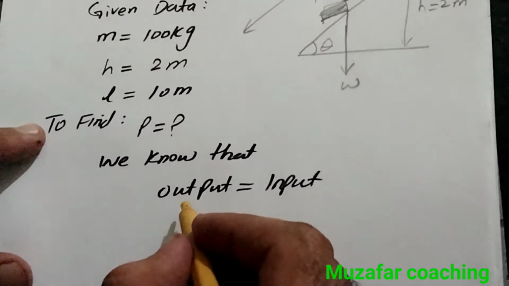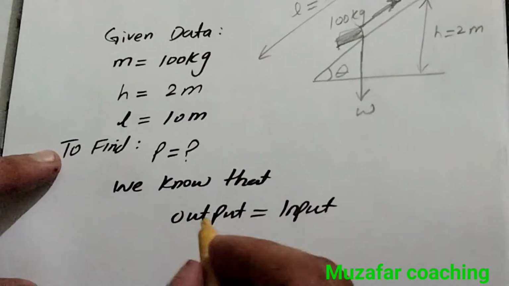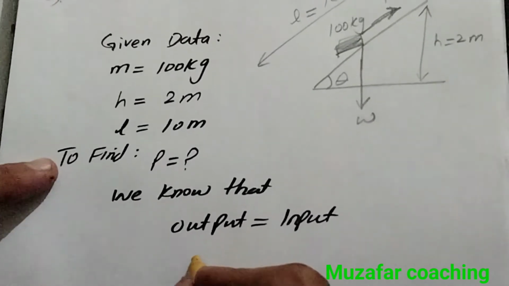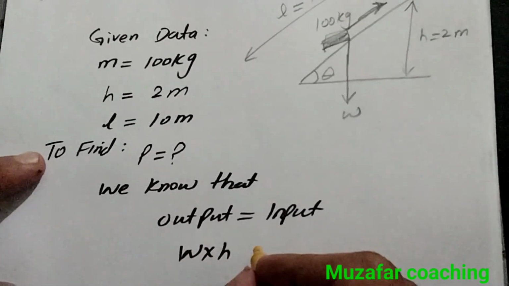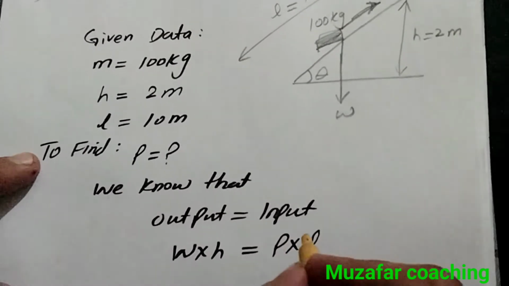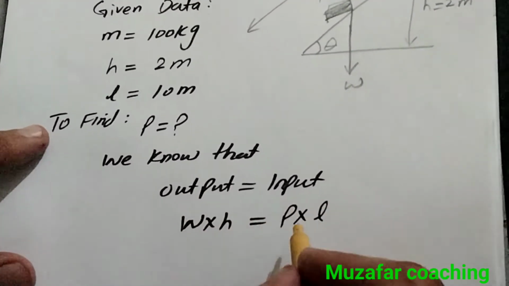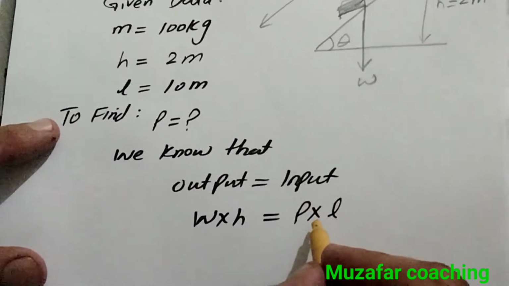Output is W multiplied by H, and input is P multiplied by L.